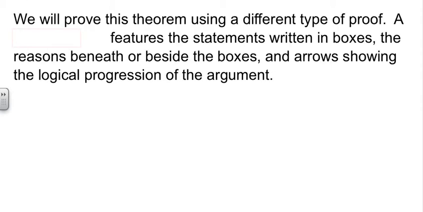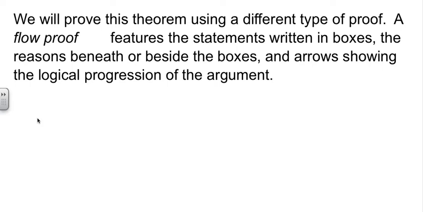Now we're going to prove this theorem using a different type of proof. We've already met 2 kinds of proofs. We've met the 2-column and we've met the paragraph. And now we're going to have a third one, which is called a flow proof. And the idea of a flow proof is instead of writing everything in neat columns or in complete sentences, we use boxes and arrows to show how the argument works.